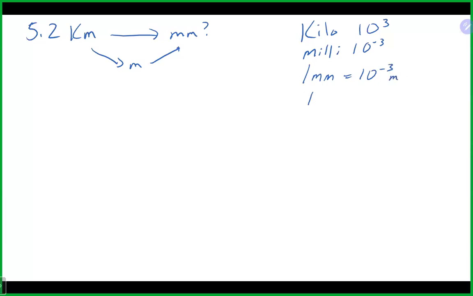That gets us 1 millimeter over 10 to the minus 3 meters, or 10 to the minus 3 meters over 1 millimeter. These again are our conversion factors. That's our equality.